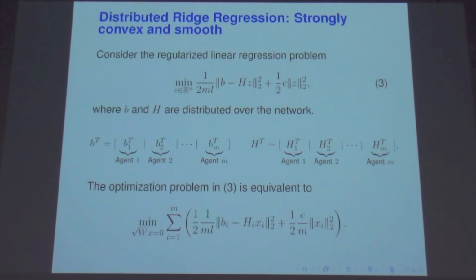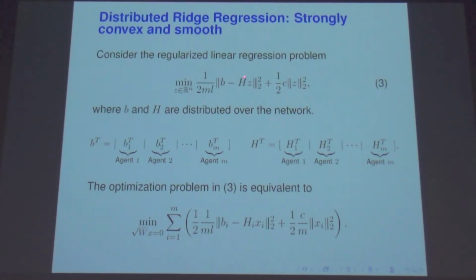And the idea in the distributed case is that the information that you have, the matrix B and the matrix H, are not stored in a single location. It is stored in a distributed manner, in the sense that vector B is split into several parts, and each of the agents in the network only knows some part of this vector, a segment of it.